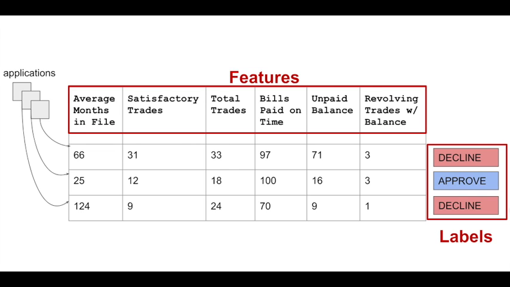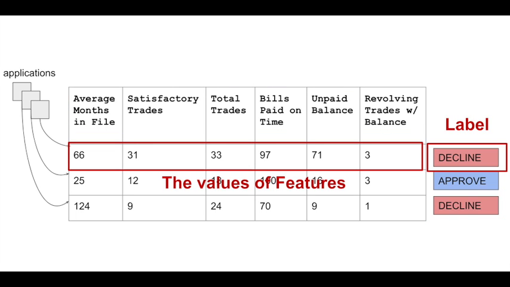Let's take a look at some of the applications in more detail. The application in the first row has the following values: 66 for average months in file, 31 for satisfactory trades, 33 for total trades, 97 for bills paid on time, 71 for unpaid balance, and 3 for revolving trades with balance.